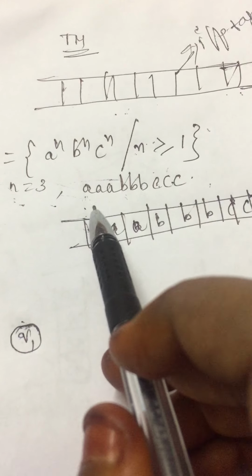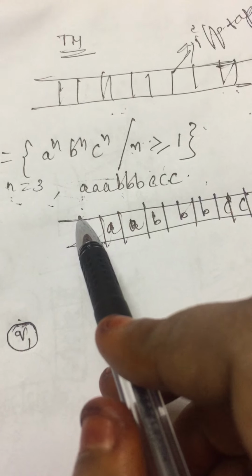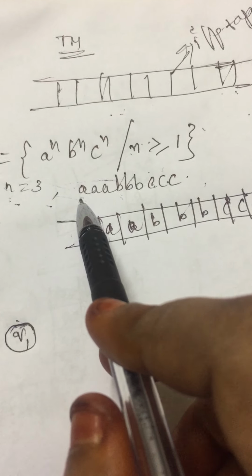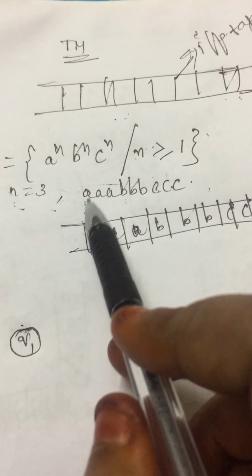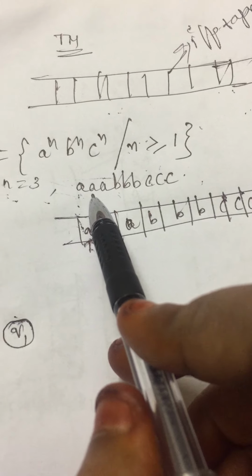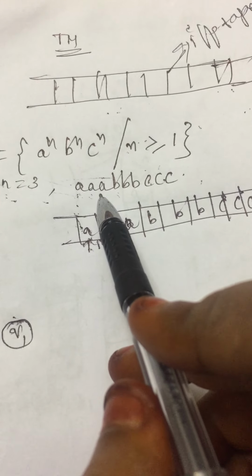It is not like that after converting this A to X, in the sense that A is read and written, it has been processed when it is written to some other variable. So after this first A, we are not going to convert the second A to X, or second A to some other variable, or third A to some other variable.